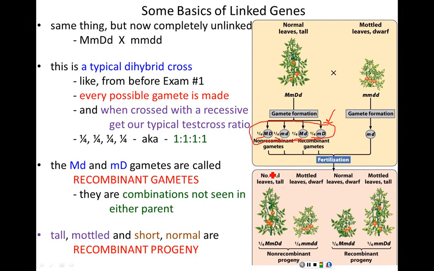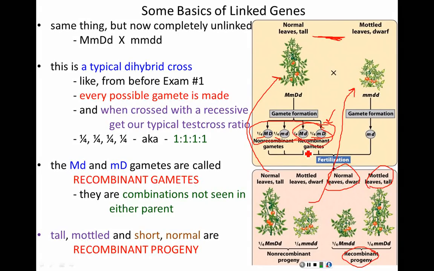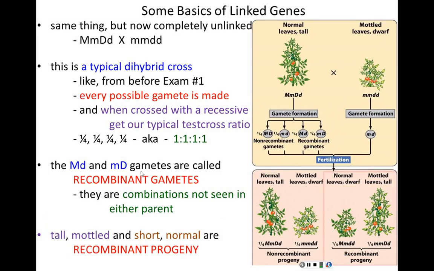So this is a non-recombinant offspring, normal leaves and tall. This is a non-recombinant offspring, mottled leaves and short. But normal leaves and dwarf, mottled leaves and tall, there's no parent that looks like that. And so these are referred to as the recombinant progeny, given rise to by the recombinant gametes, the gametes that had combinations of alleles that weren't present in the parent.